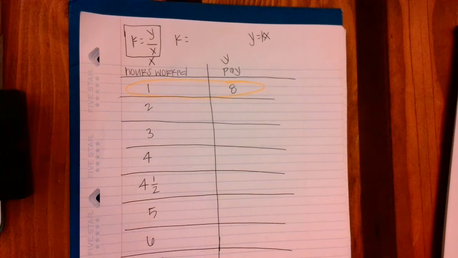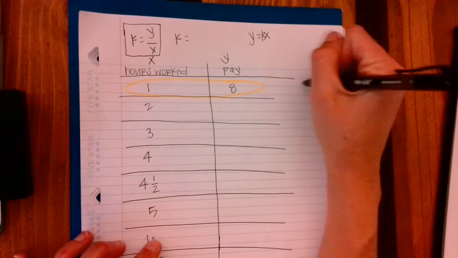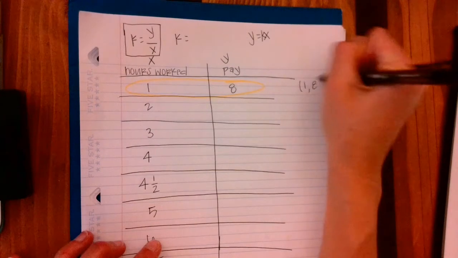In fact, tomorrow we're starting to graph and look at graphs to identify proportional and non-proportional situations. Have no fear though, I will help you and you will be amazing at it. So I notice this is my only set of ordered pairs, 1, 8.